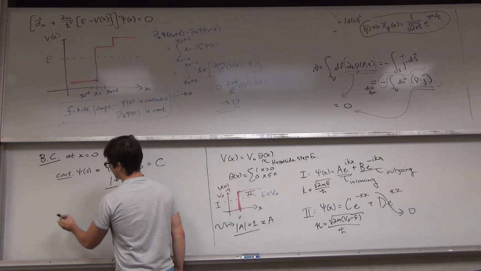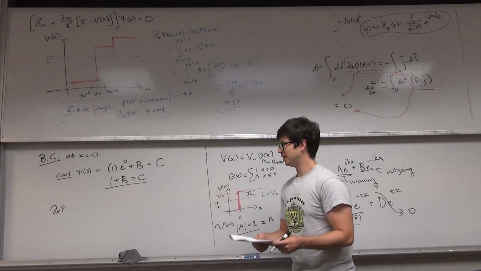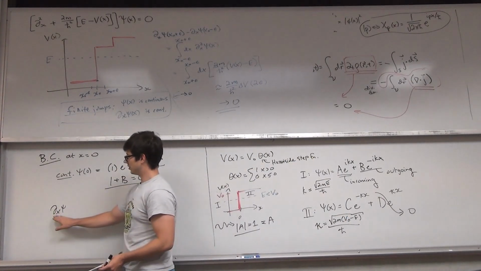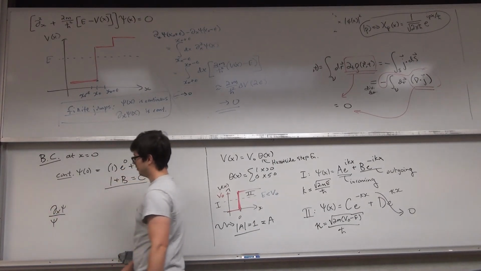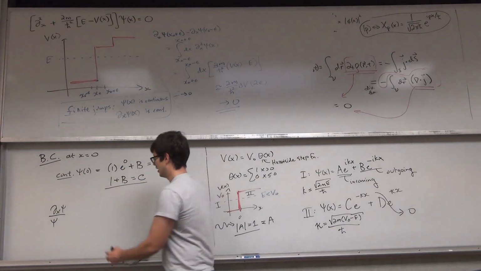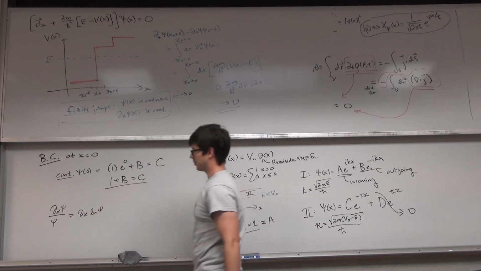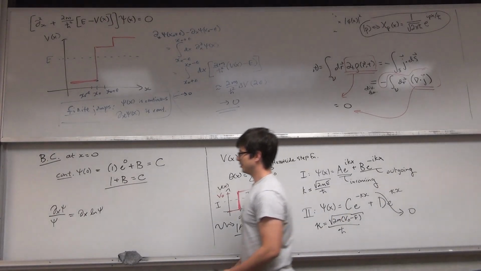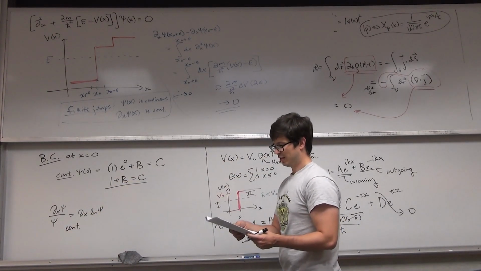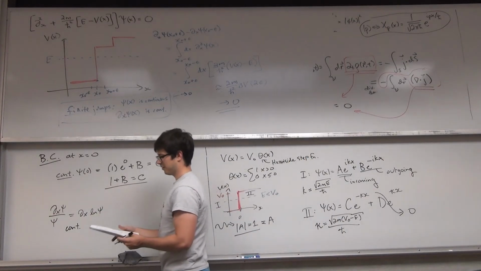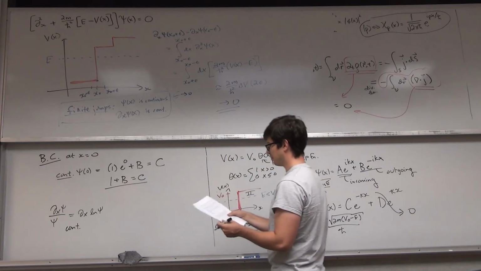And then we also have to have the derivative of psi be continuous. Often it's convenient to study not this, but the derivative divided by the function itself. That has to be continuous too. And that's also equal to the derivative of the log of psi, just by the chain rule. So that should also be continuous. It's a convenient thing to study, this logarithmic derivative, because it cancels some of these exponential bits.